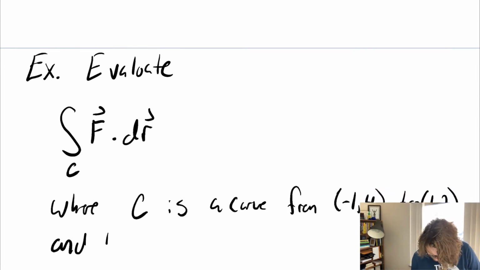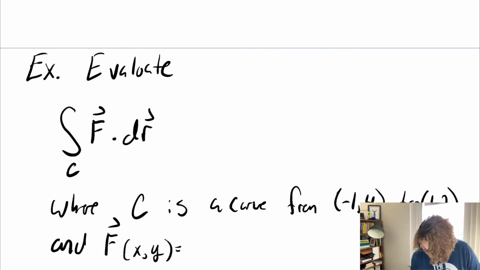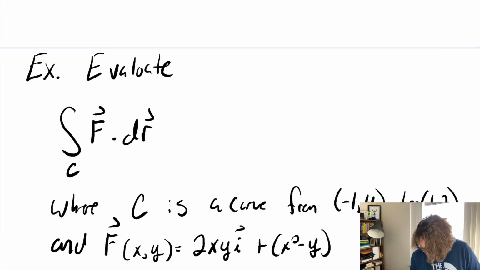And F is 2xy i plus (x squared minus y) j.